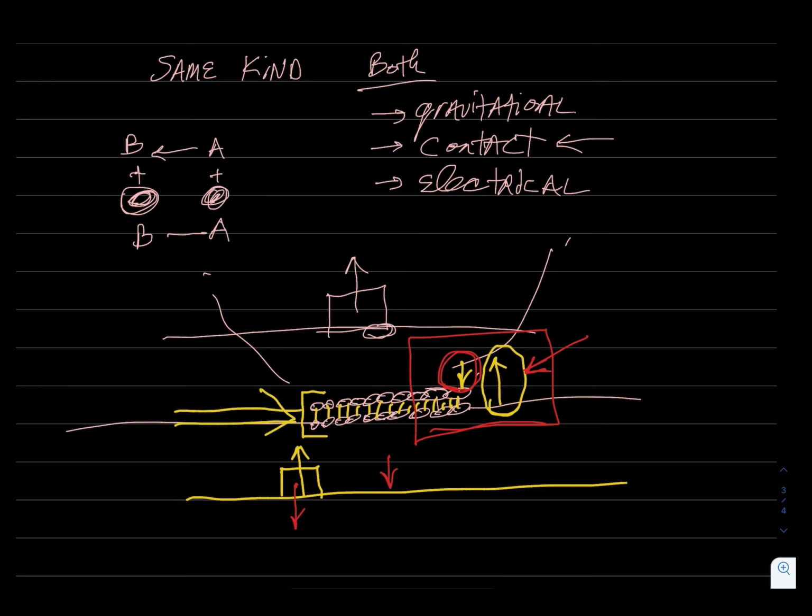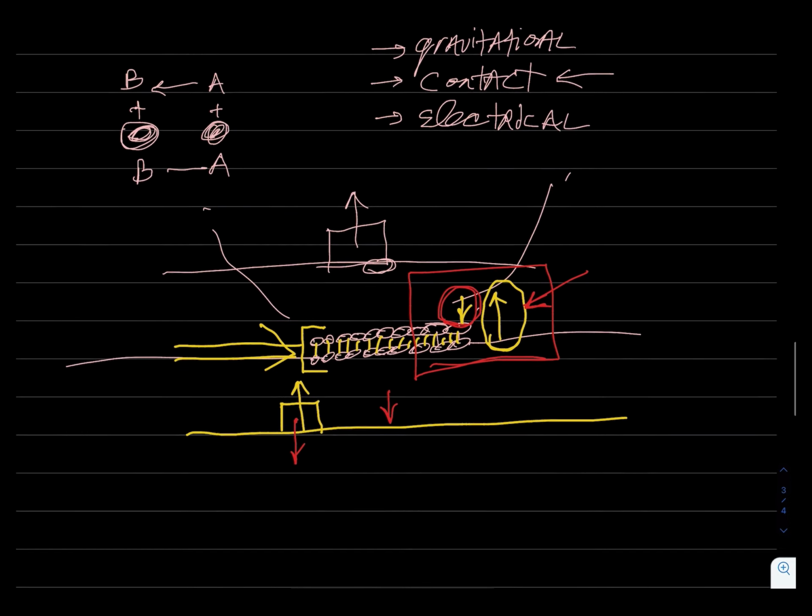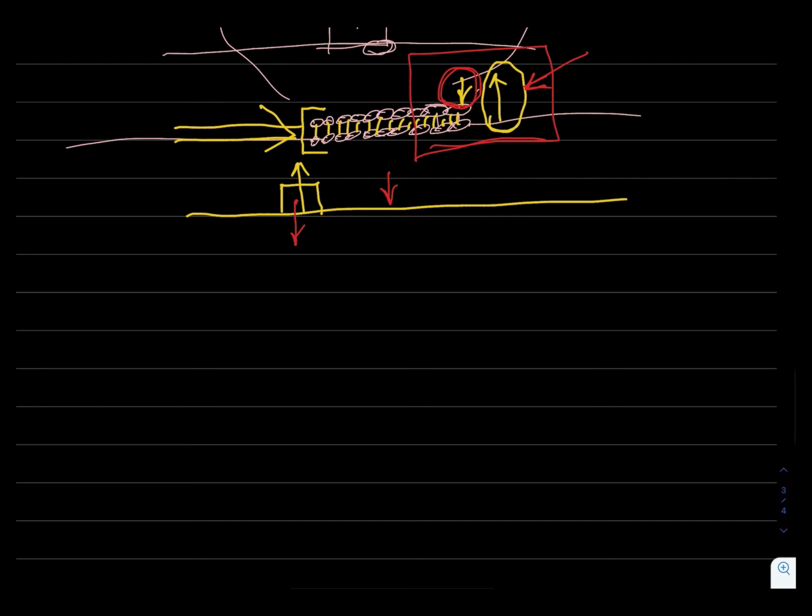Now, let's talk about what is the Newton's third law pair with the weight of gravity on the block. First of all, you can kind of tell that the contact force, like from a billiard ball, is a different kind of force from gravity. Because, for example, two billiard balls can collide with any amount of force, any amount of velocity.